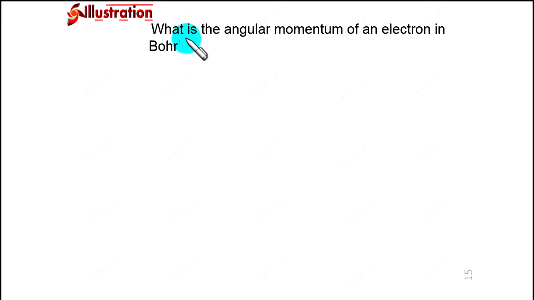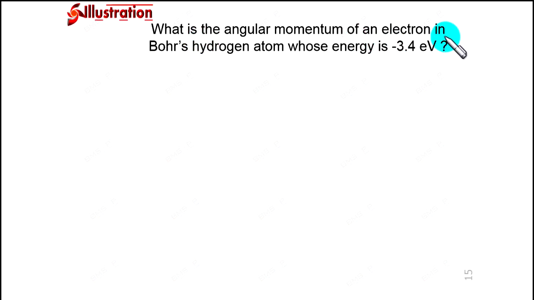In this illustration, we need to find the angular momentum of an electron in Bohr's hydrogen atom whose energy is minus 13.6 electron volt, right? What is being asked? Angular momentum. We know the electron orbits around the nucleus in a circular orbit.